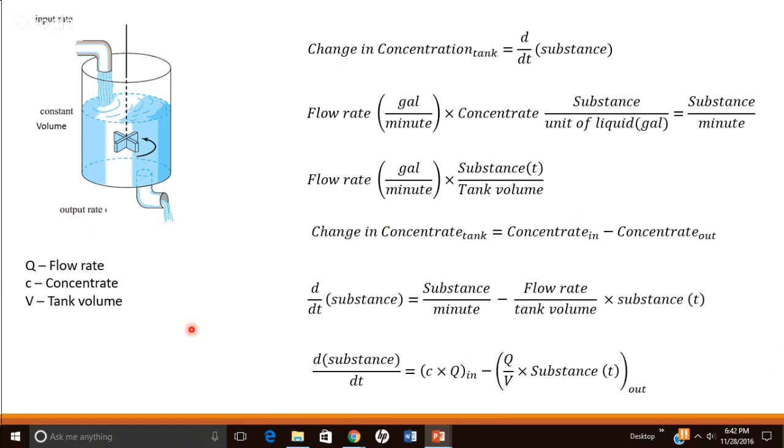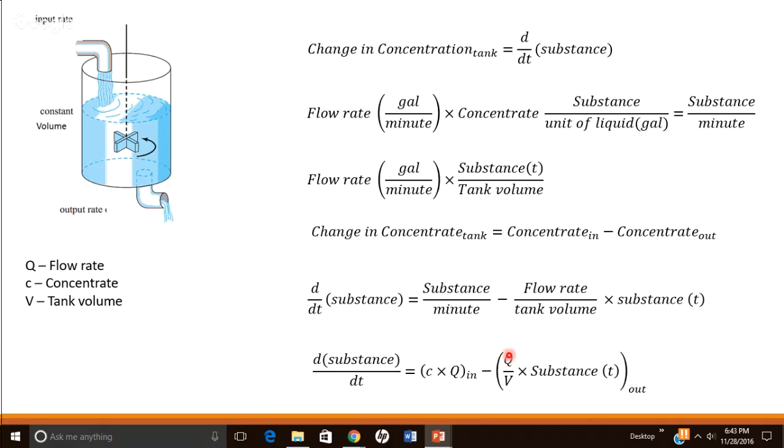Just substituting variables back into this equation, it looks a little more mathematical now. So you've got the rate of change of the substance with respect to time equal to C, which is the concentration, how much salt per unit liquid, times the flow rate going in. The flow rate is gallons per minute, minus the flow rate going out.